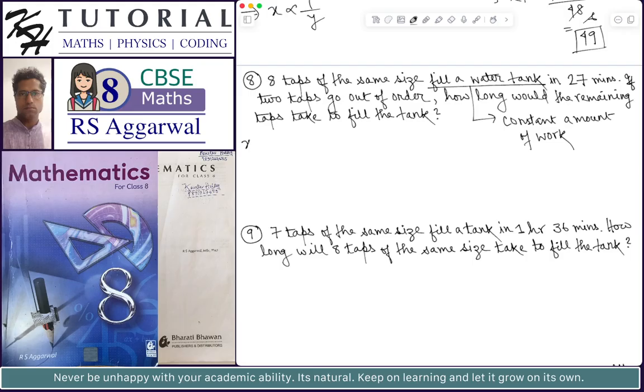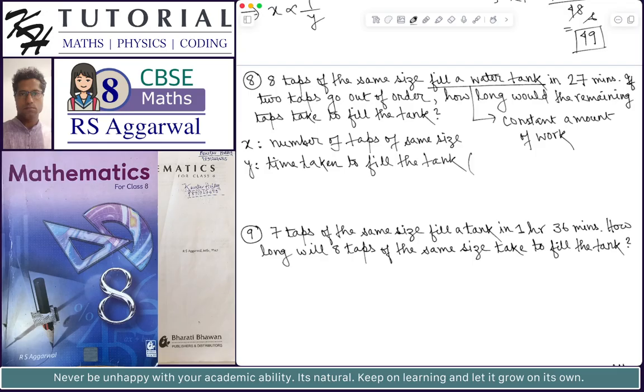So we can consider the quantity x to be the number of taps. Now it is also important that the taps are of same size. And the quantity y we can consider as the time taken to fill the tank.